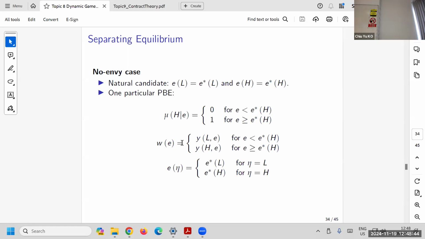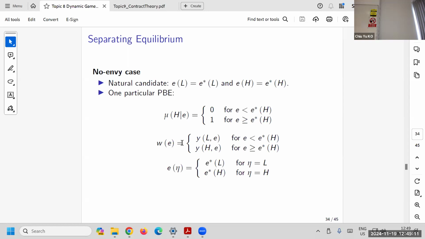Because the low type doesn't want to be the high type. In this case, people who are low type do the undergrad, people who are high type do the PhD, and the low type doesn't want to do a PhD. The high type wants to do a PhD, because it's higher wages.